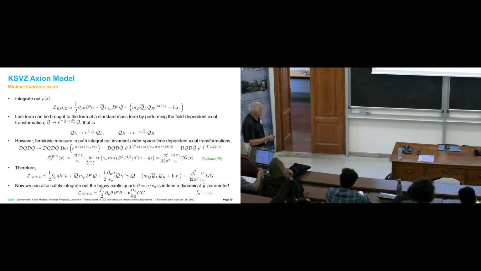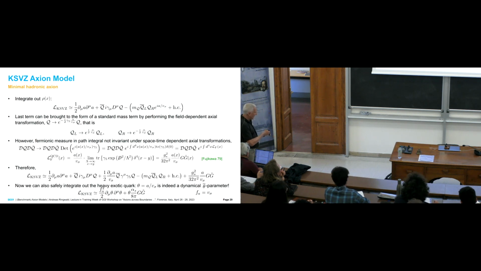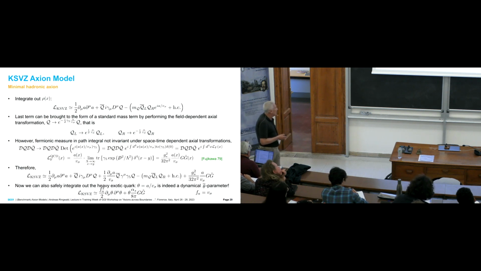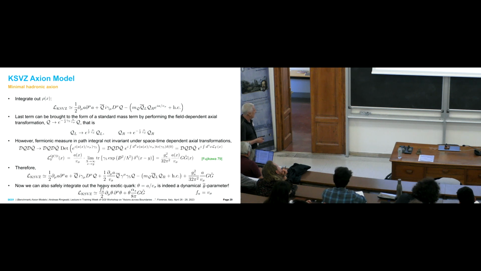We can write just like the theta term, and we see that this KSVZ axion model, this simplest axion model, has just reproduced at low energies, at energies much less than the Peccei-Quinn symmetry breaking scale, an effective time-dependent theta term.